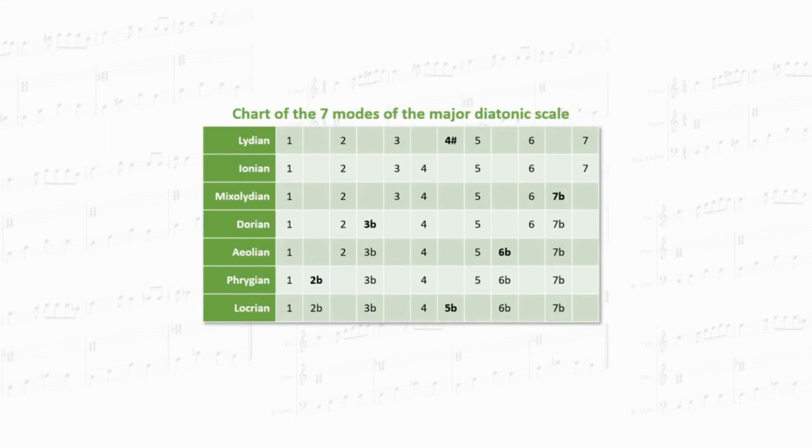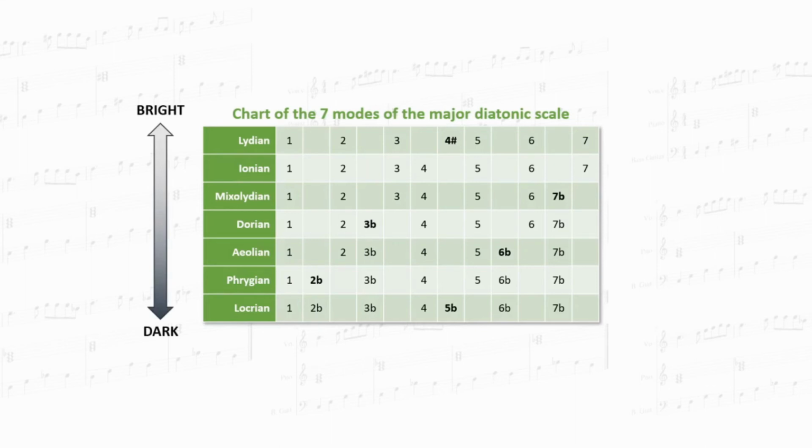It is also kind of the signature note of the mode. So for Lydian it is the sharp 4, Mixolydian the flat 7, Dorian the flat 3rd, Aeolian the flat 6th, Phrygian the flat 2nd, and Locrian the flat 5th.